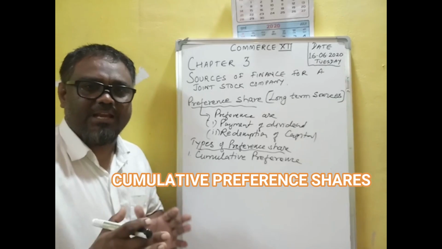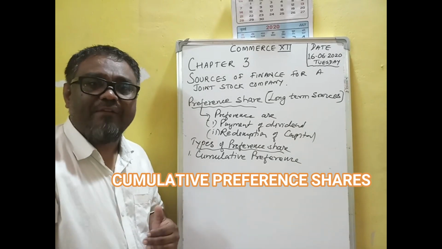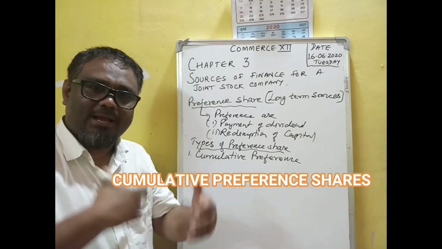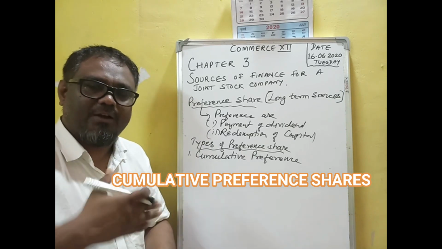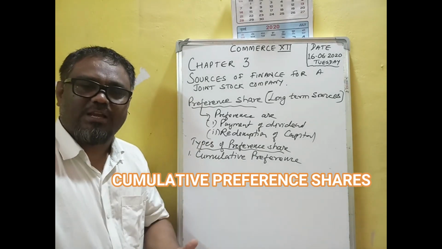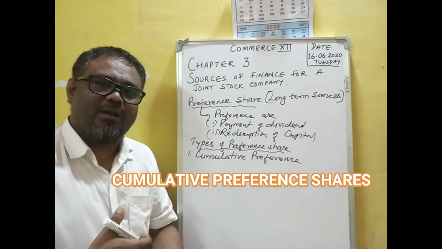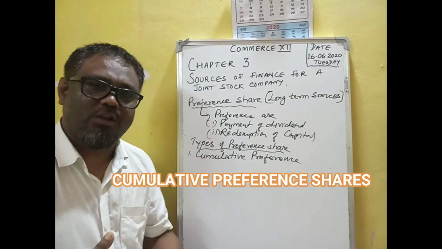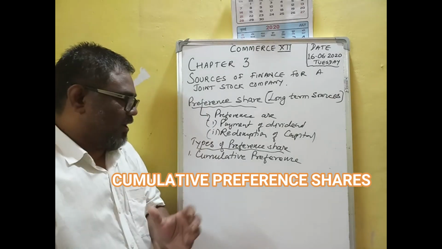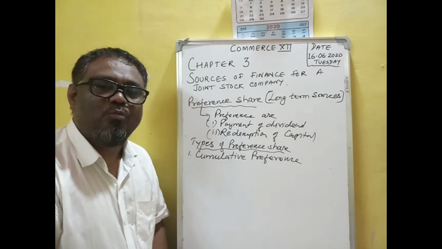If in any case a company is not able to declare the dividend, it will be accumulated and declared in the following years. In the next year also, if it cannot declare dividend, it will be accumulated in the third year. Again, if it cannot be declared in the third year, it will go to the fourth year. So that's why it is called cumulative preference shares.